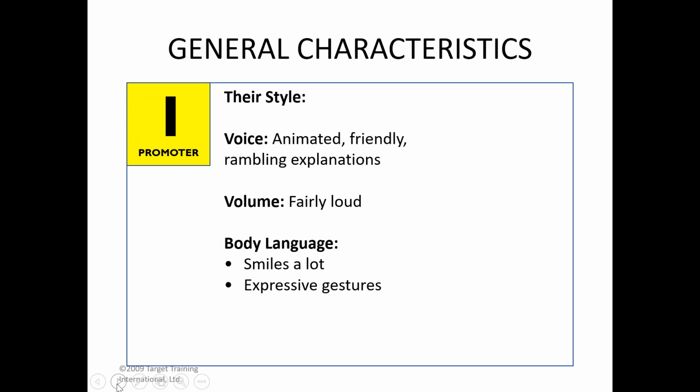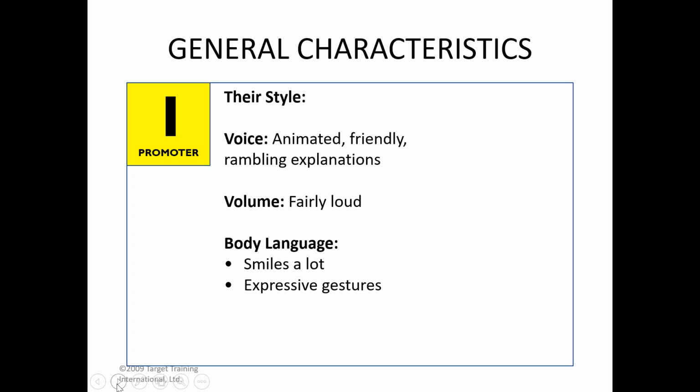I is a promoter. They have the ability to get people to see their point of view. These individuals are going to be very animated, friendly, may ramble with their explanations. Their volume is fairly loud, and their body language is you're going to see them smiling a lot and have very expressive gestures.